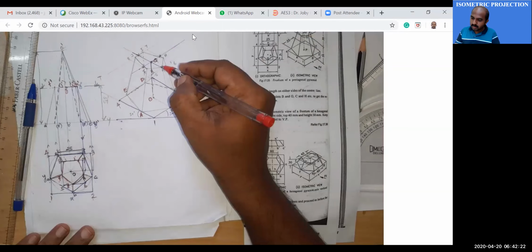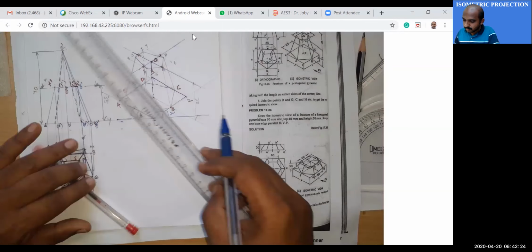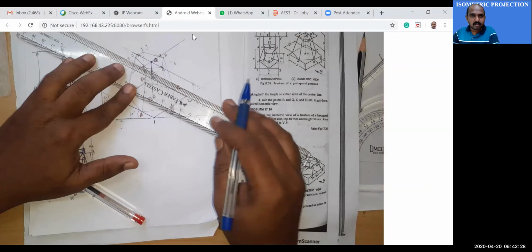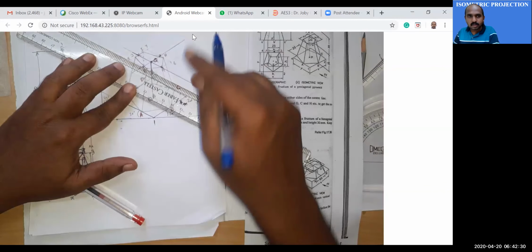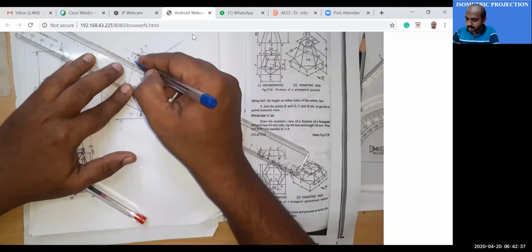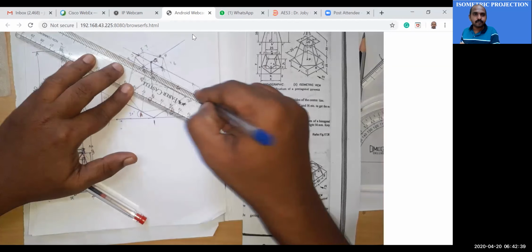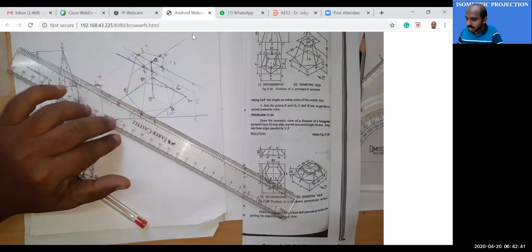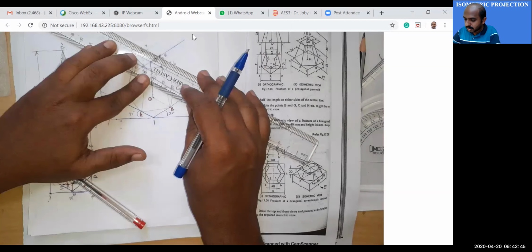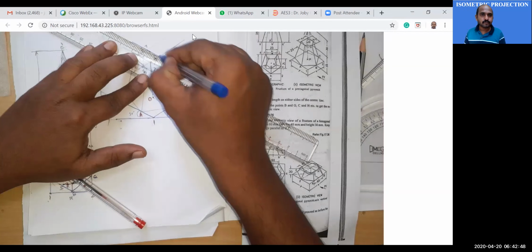What can you do through these located points? Here you located one point. You draw a line parallel to this line, passing through this located point. Similarly, you draw a line passing through the second located point.